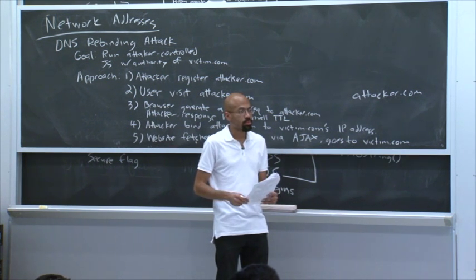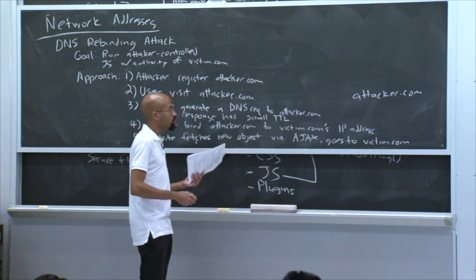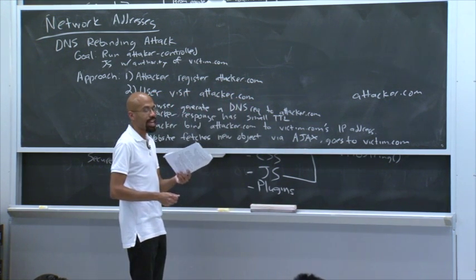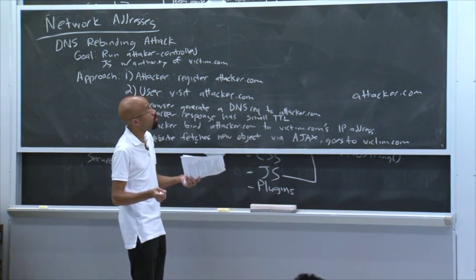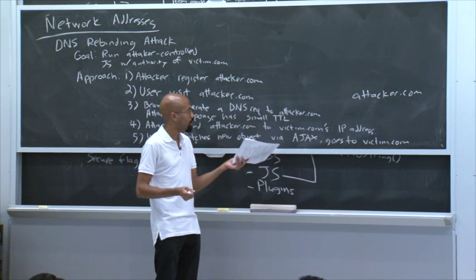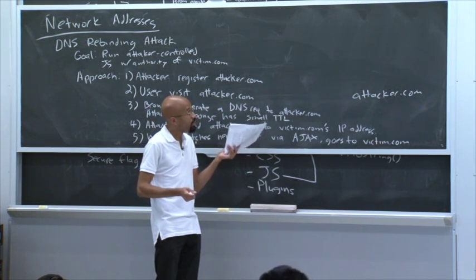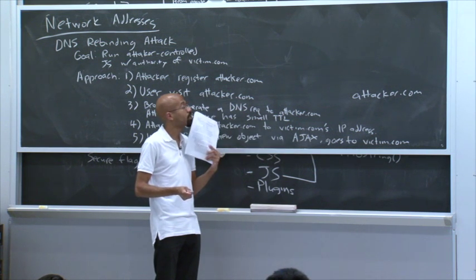Does this work over HTTPS? So that's an interesting question. HTTPS has these keys, right? And so the way you'd have to get this to work with HTTPS is if somehow attacker.com could, let me think about this.